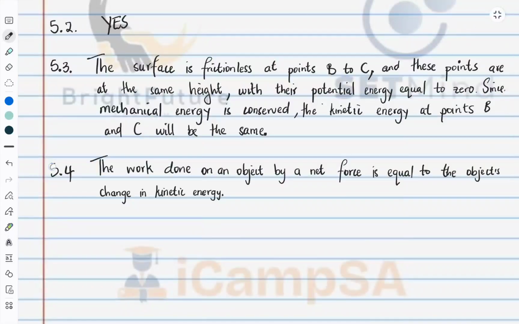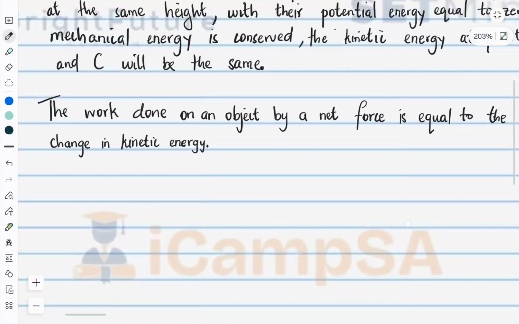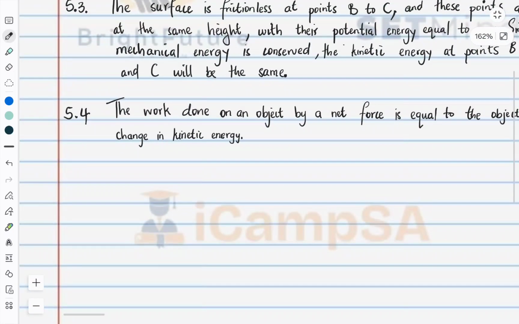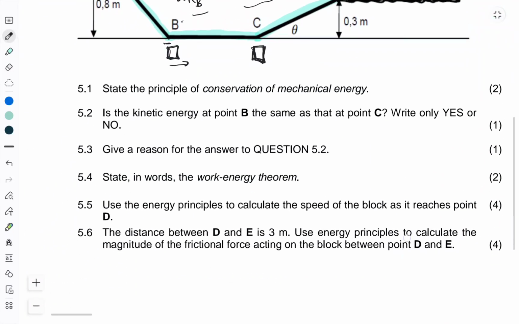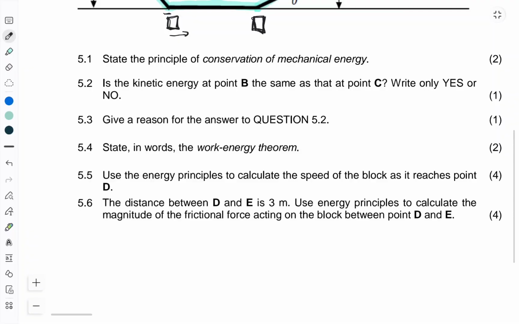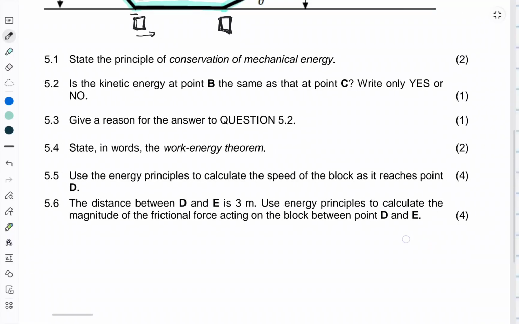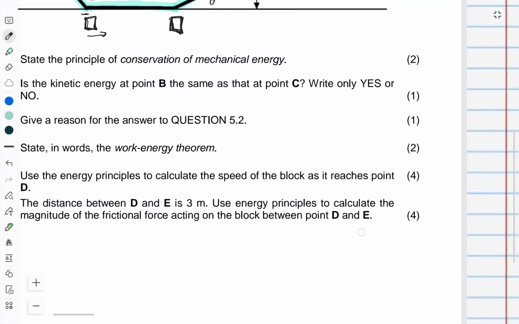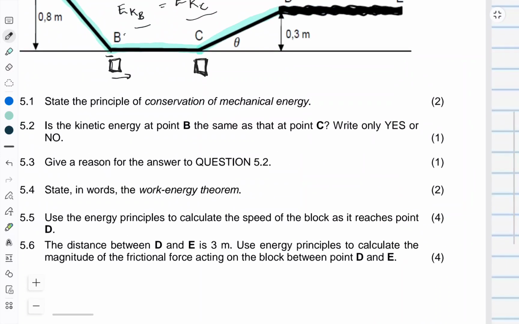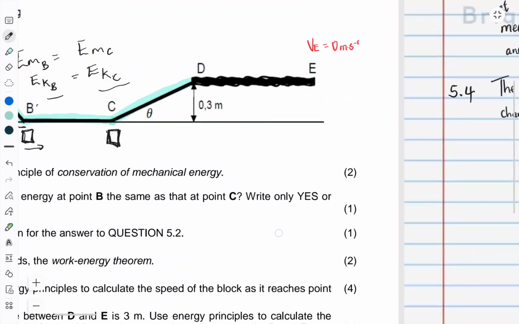The work done on an object by a net force is equal to the object's change in kinetic energy. There's another way of saying it, but you would be saying the same thing, just paraphrasing, okay? Now, 5.5, use the energy principles to calculate the speed of the block as it reaches point D.